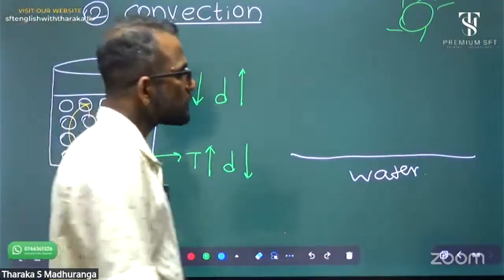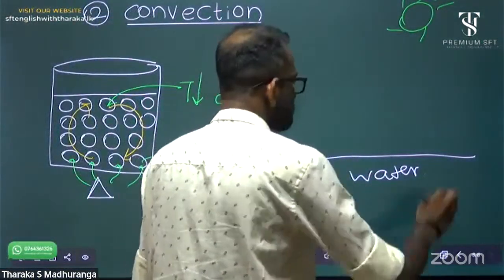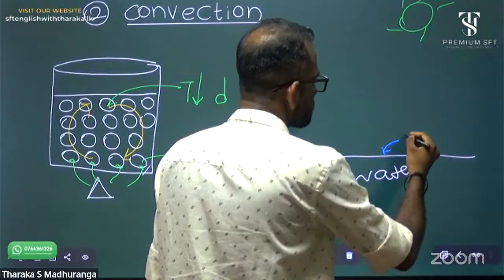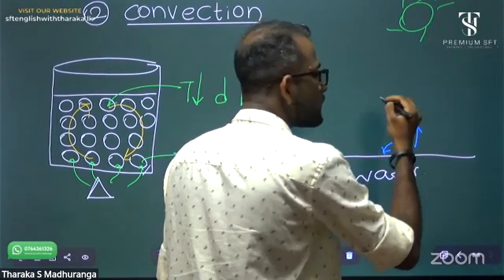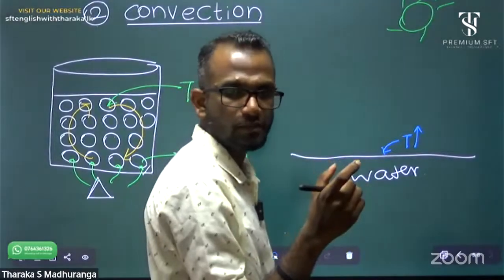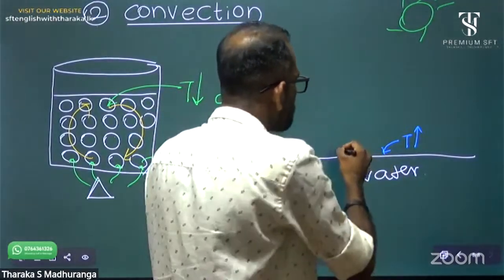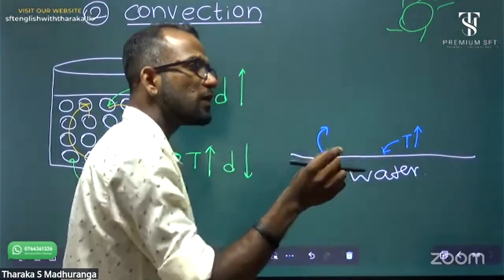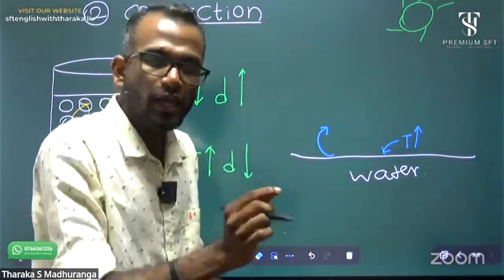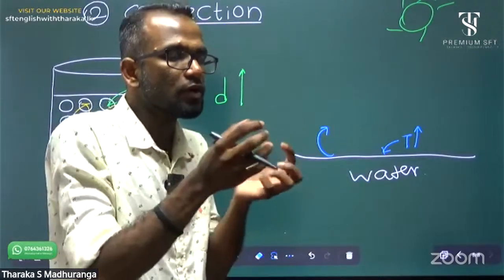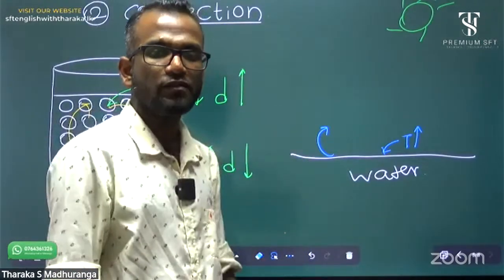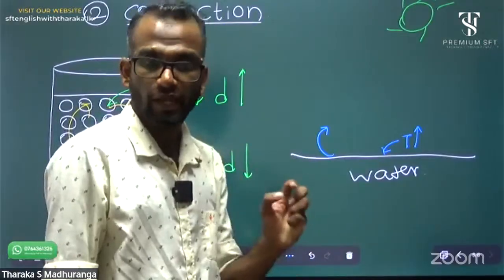The water surface temperature gets increased. Due to that, what happens? Water vaporizes, but we call that not vaporization, it is evaporation. Evaporation means liquid water converting into water vapor below the boiling point.